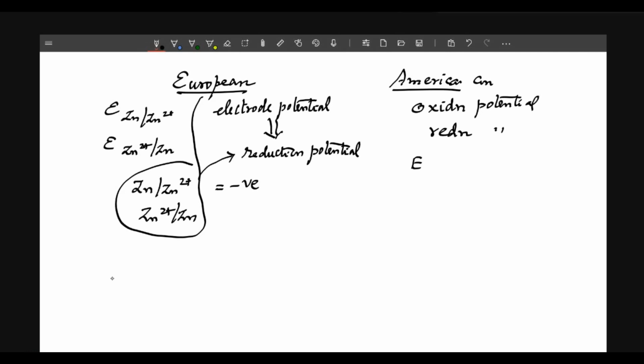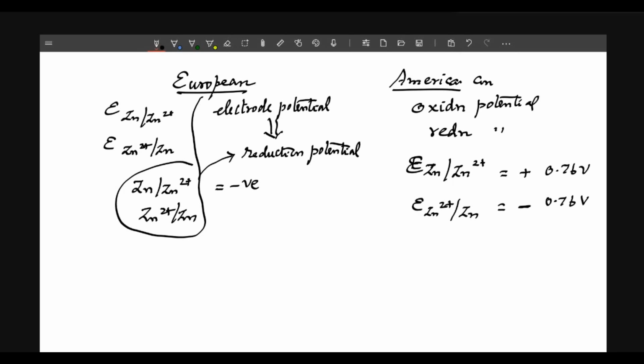The sign convention is epsilon Zn|Zn2+ and epsilon Zn2+|Zn. In the American Convention, both have the same value, but the sign is different. This is the reduction potential, where the value is minus, and for the oxidation potential, the value is plus.